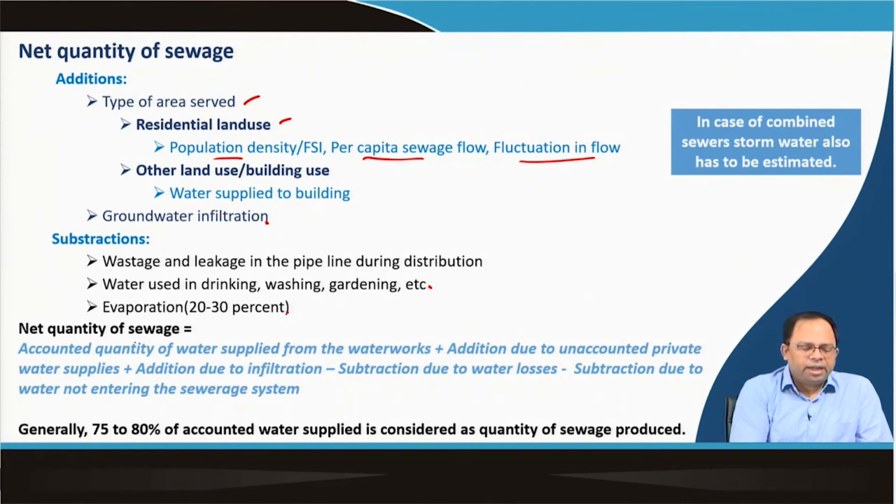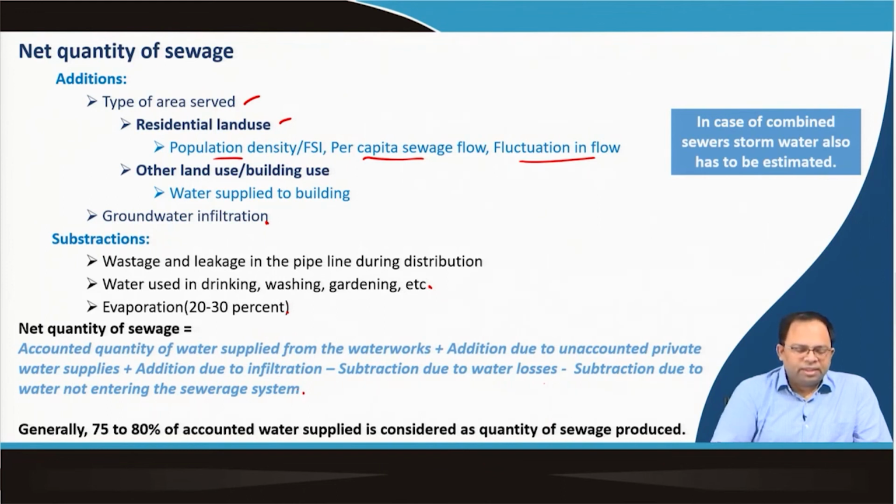So, the net quantity of sewage can be said to be the accounted quantity of water supplied from water works, from municipal supply, plus the addition due to unaccounted private water supplies. This is tube wells, wells, everything used by different residences or real estate projects. Plus the addition due to infiltration, minus the subtraction due to water losses, minus the subtraction due to water not entering the sewerage system.